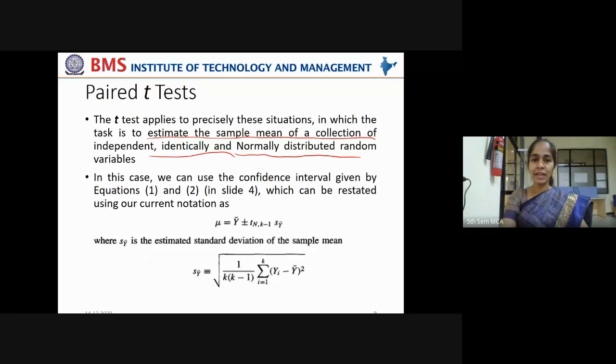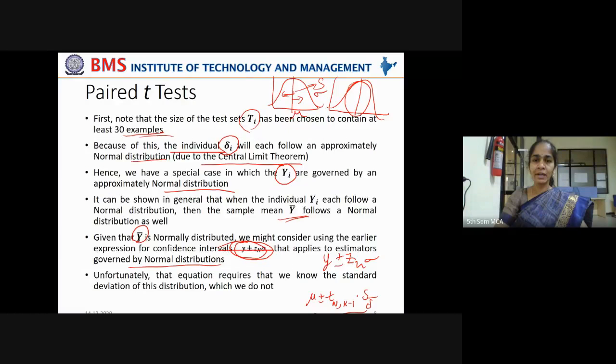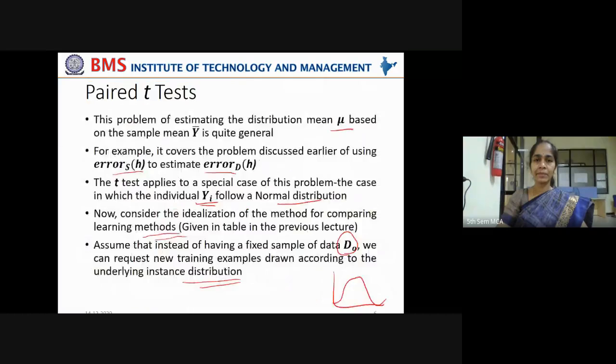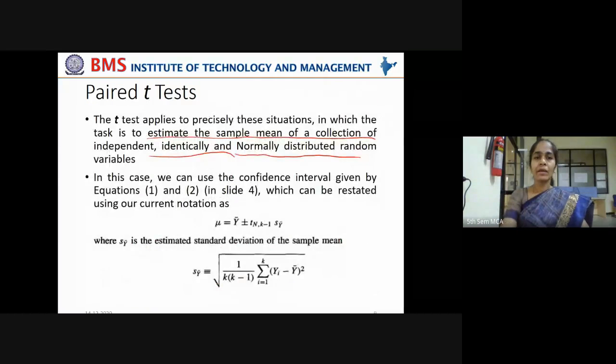In this case, we can use the confidence interval given by equations 1 and 2 in slide 4, which can be restated using our current notation as mu equal to y bar, the mean of errors here represented by y.